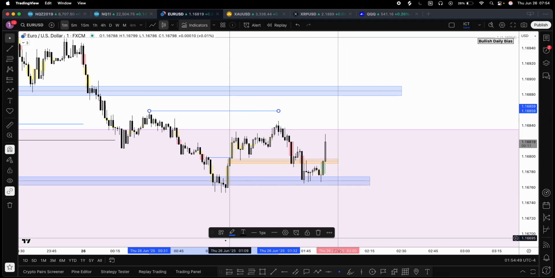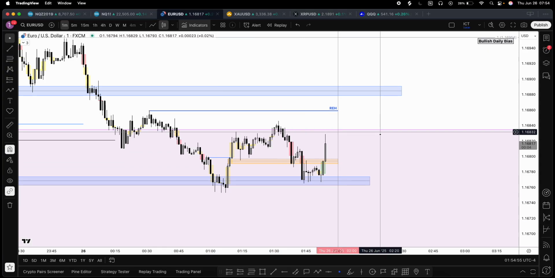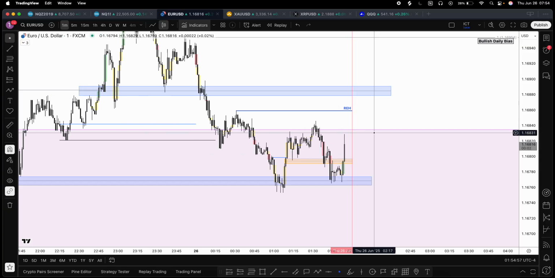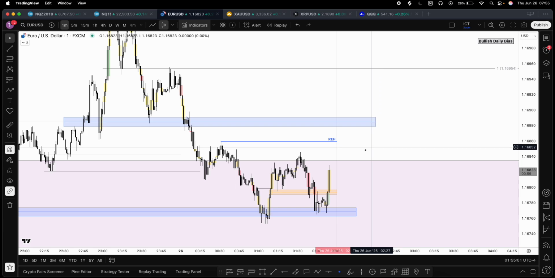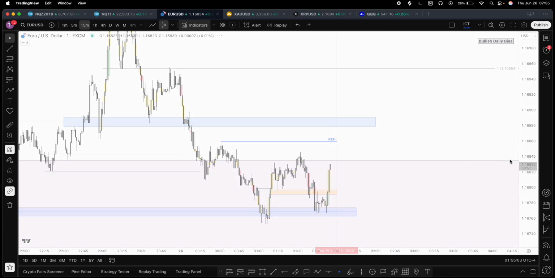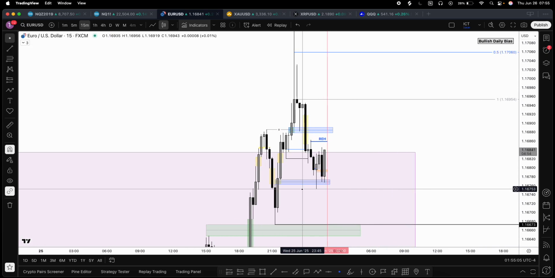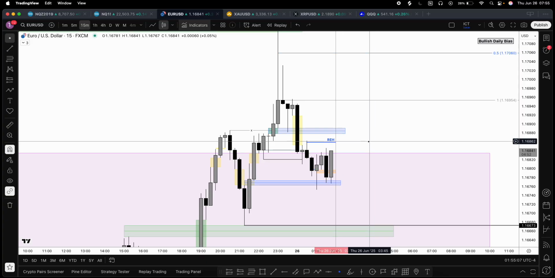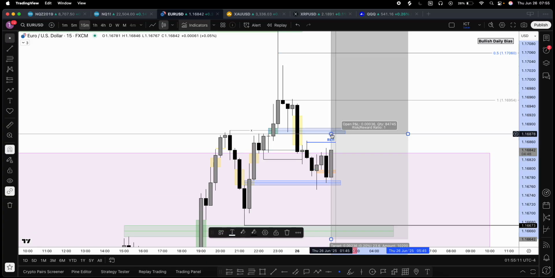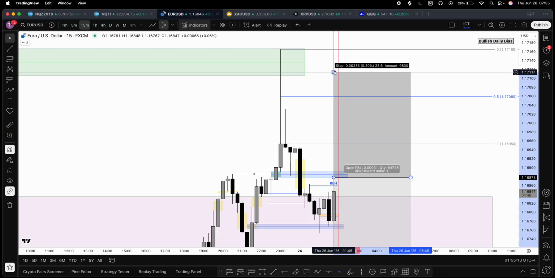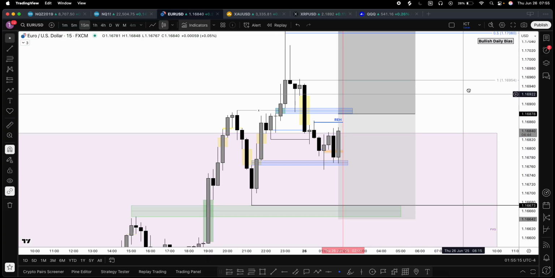These are basically relative equal highs, which again is like a magnet. So maybe price comes up, sweeps those, hits this gap, and we go short.